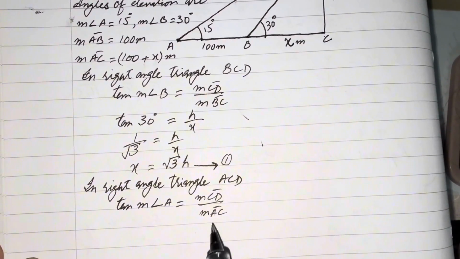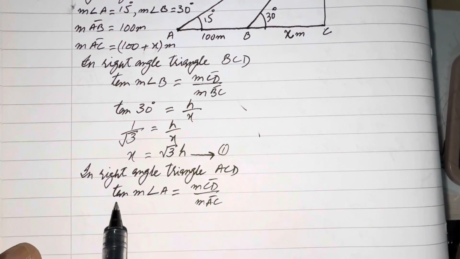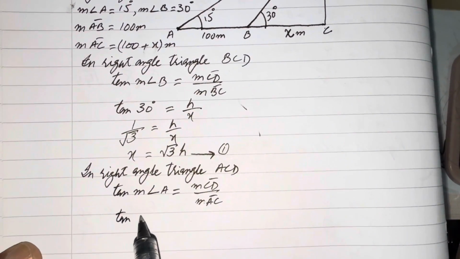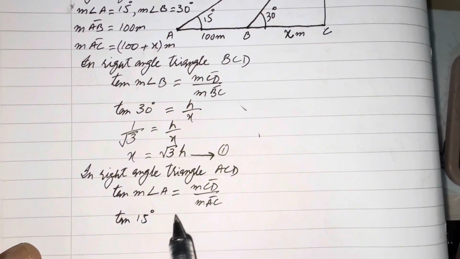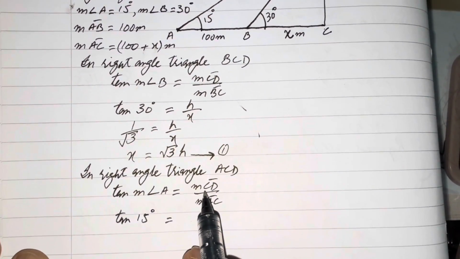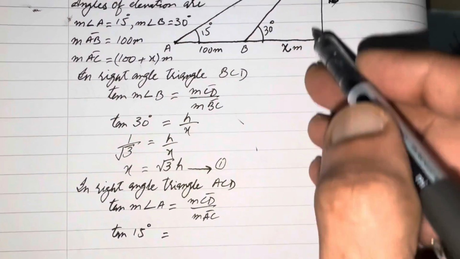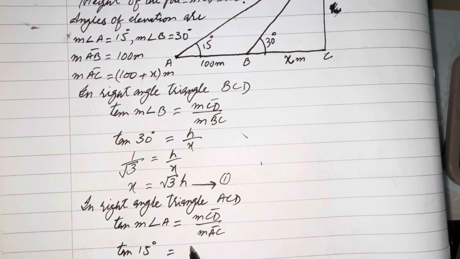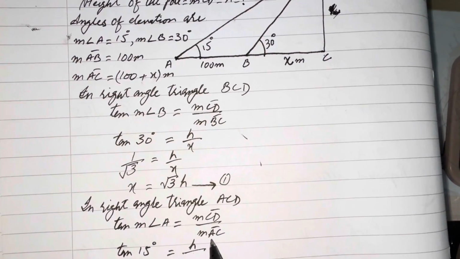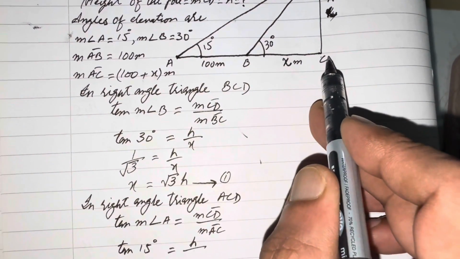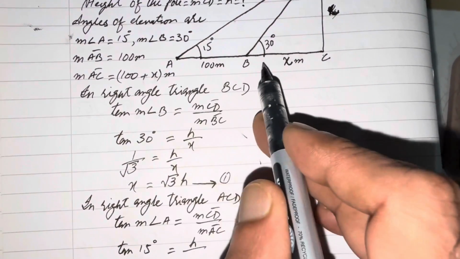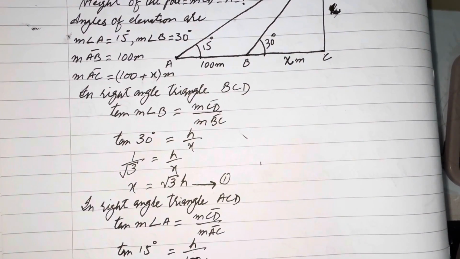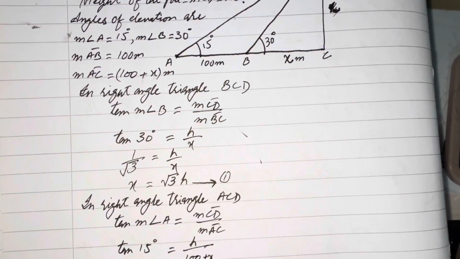By putting in the values, tangent of angle A is 15 degrees, and CD is the height of the pole, so we get h divided by AC, which is 100 plus x meters.